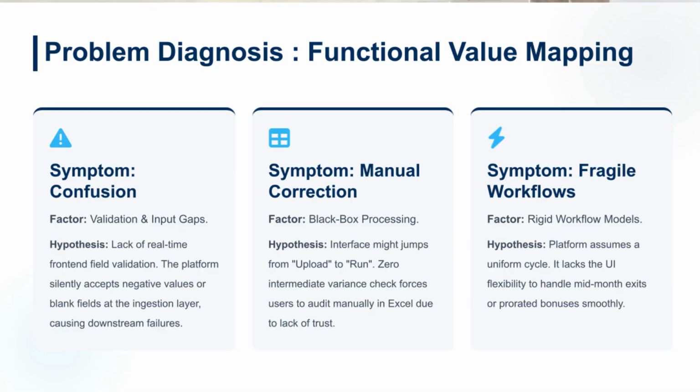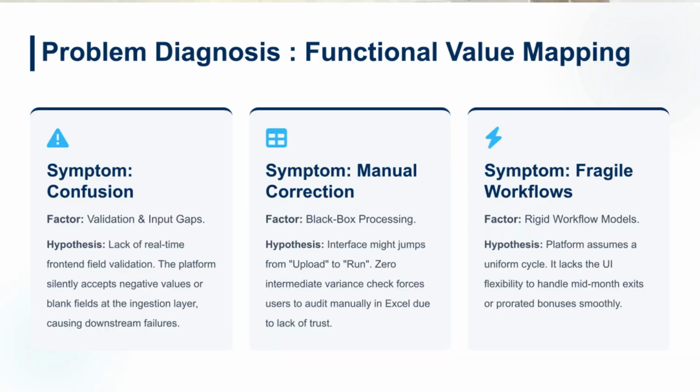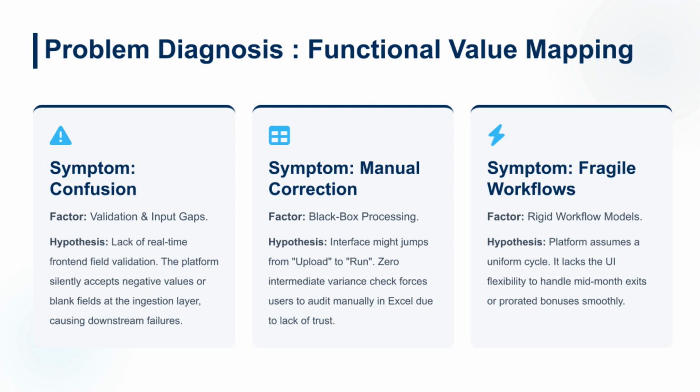Now from the given situation, what I did was somewhat like this. From the symptoms that were given, I tried to create hypotheses around the facts and value map it with the functional aspects of the product. For instance, if you consider the validation and input gaps, it clearly points towards lack of a real-time front-end validation mechanism.